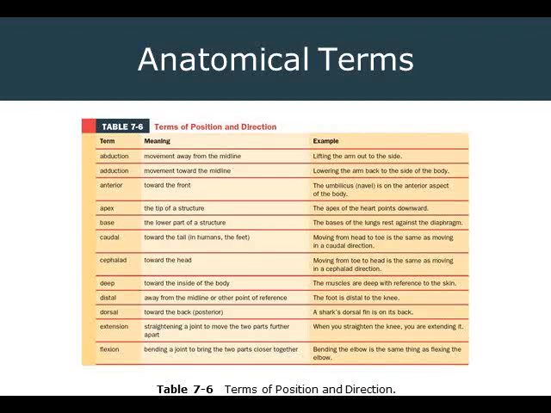Anterior and posterior, discuss those toward the front, toward the back. Apex is the tip of a structure. Now this is not always common sense. The apex of the heart is pointed downwards towards basically your stomach on your lower left chest area.